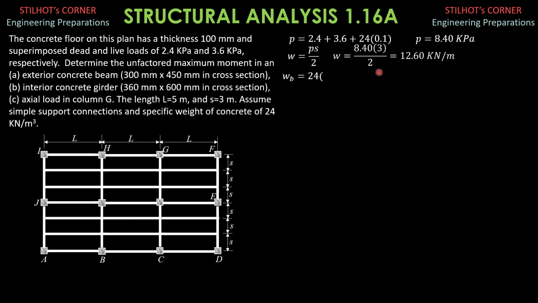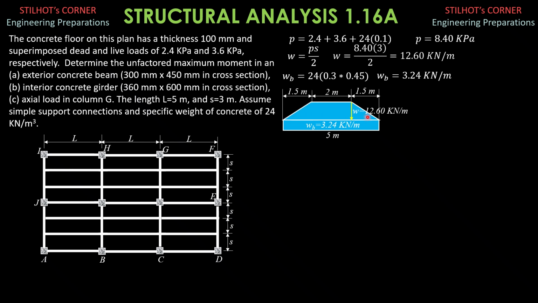Weight of beam is 24 times 0.3 times 0.45, and it is equal to 3.24 kilonewtons per meter. We now draw the loading diagram for the exterior beam, which is trapezoidal. This is the load intensity of 12.6 kilonewtons per meter, and the weight of the beam 3.24 kilonewtons per meter.